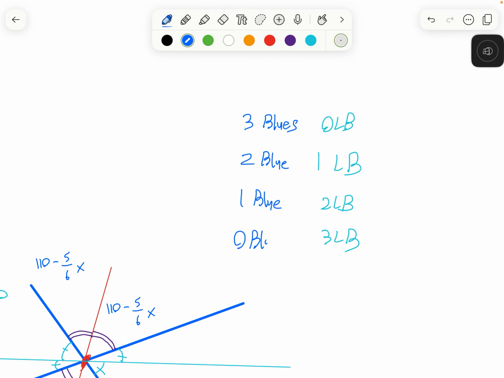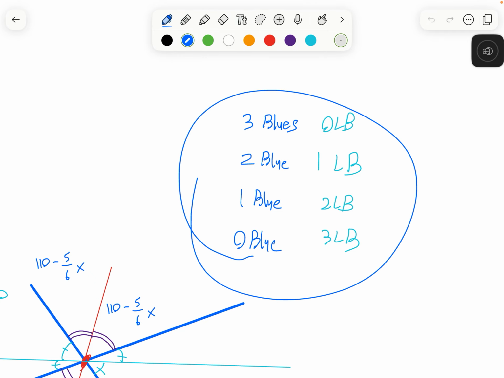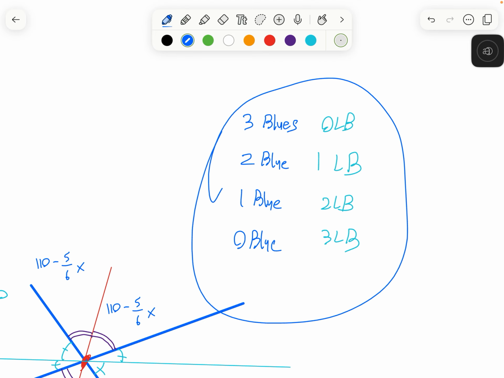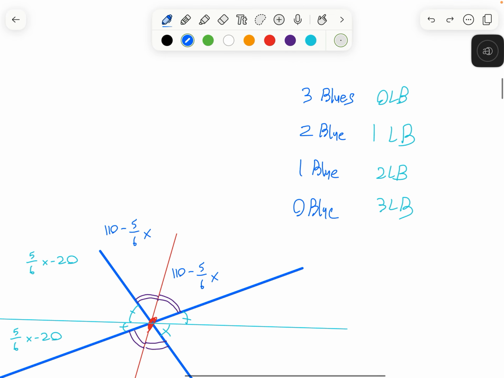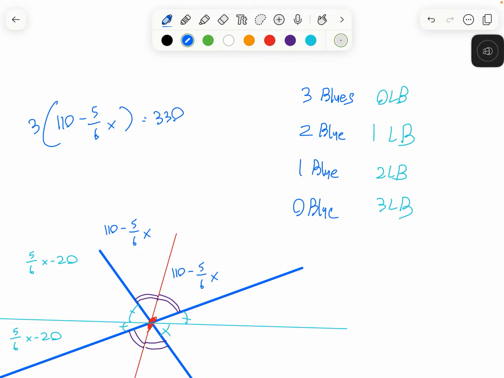So this chart gives us the total possibilities where we can add three angles together. So let's add them. What do three blues give you? Well, you do 3 times (110 minus 5/6 x), which gives us 330 minus 5/2 x.